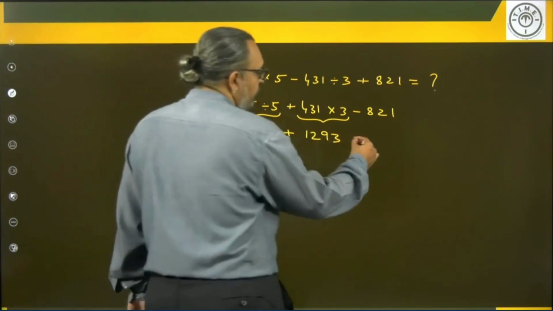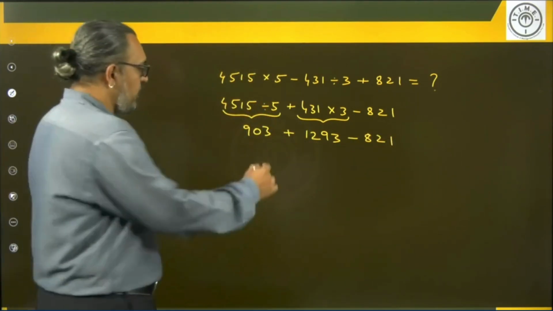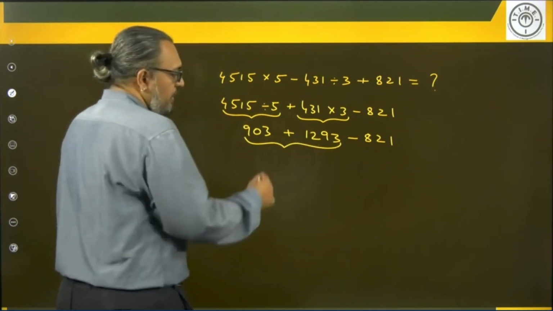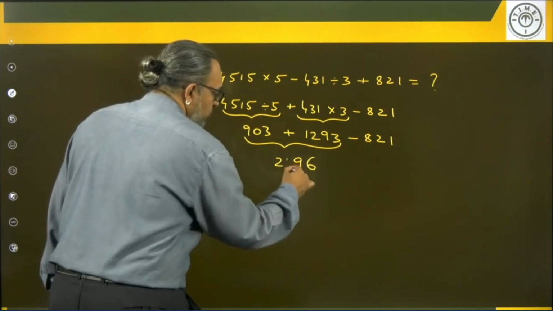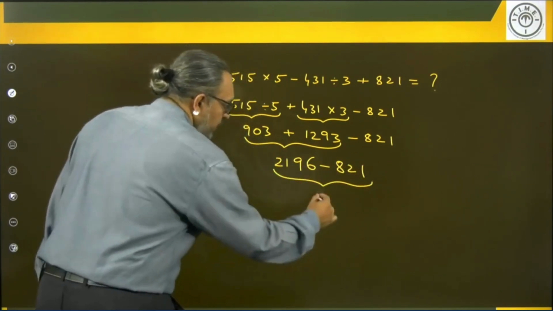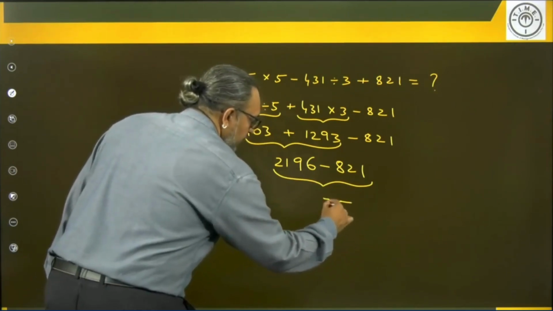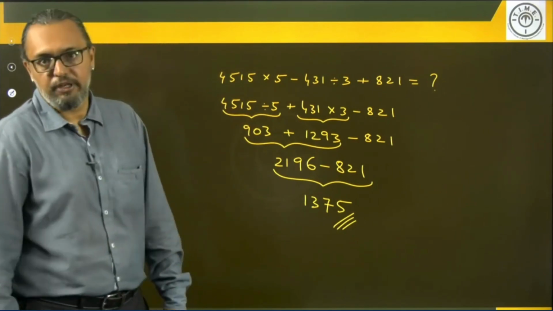And then we have negative 821. Right. So, then we add this. So, how much am I going to get? This is 6, 9 and 21. So, 2196 minus 821. So, this is going to be 5, 7 and 13. So, my answer will be 1375.